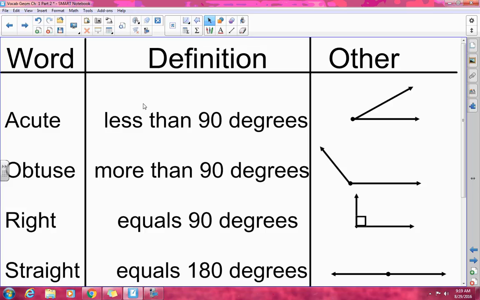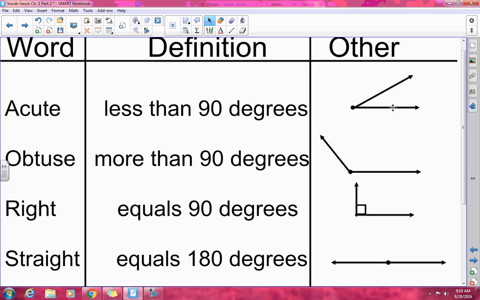So we have an acute angle, which measures less than 90 degrees. An obtuse angle measures more than 90 degrees. A right angle equals 90 degrees exactly. And we usually put this little box in the corner of a right angle.